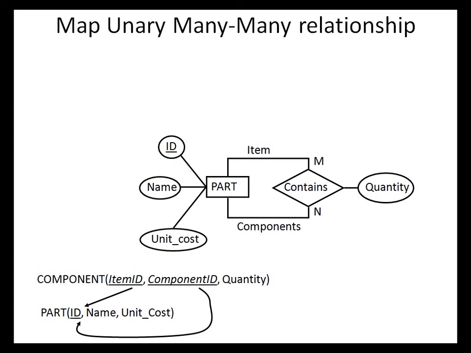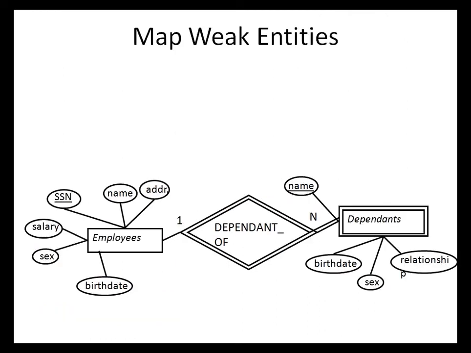Map weak entities. For each weak entity type, create a new relation and include all the simple attributes as attributes of this relation. Then, include the primary key of the owner relation as a foreign key. The primary key of the new relation is the combination of the primary key of the owner and the partial key of the weak entity type.